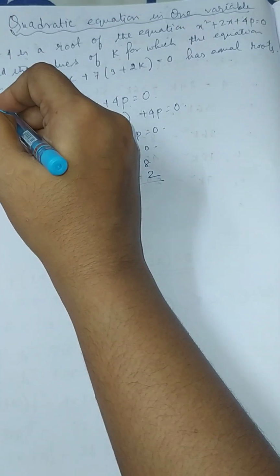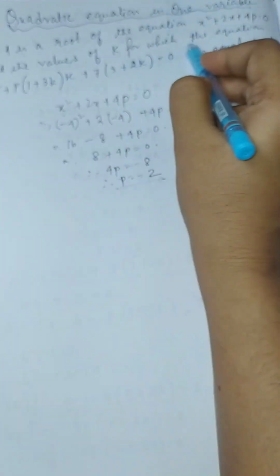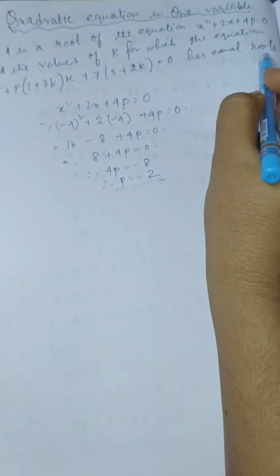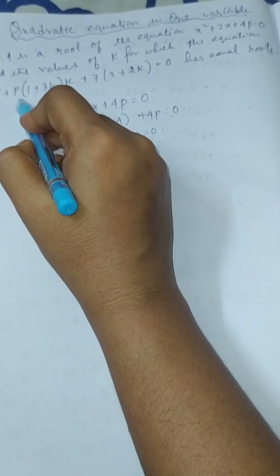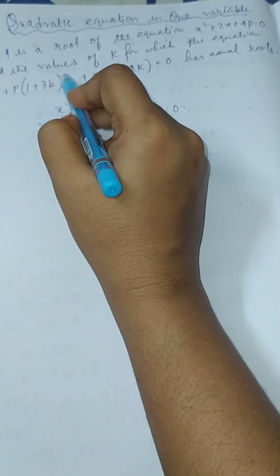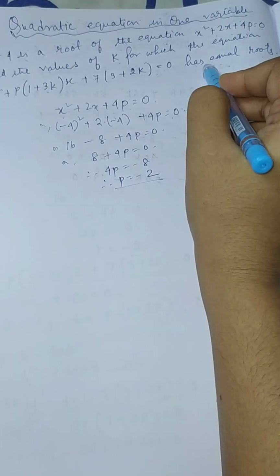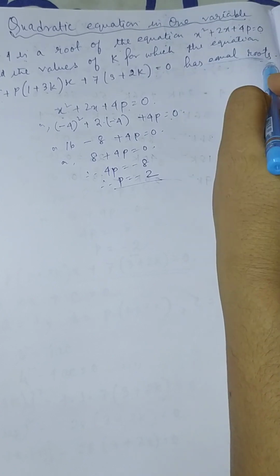Now look at the second part of the numerical. Then find the value of k of this equation for which this equation has the equal roots. Now the quadratic equation x square plus p(1 plus 3k)x plus 7(3 plus 2k) is equals to 0. This quadratic equation has equal roots.